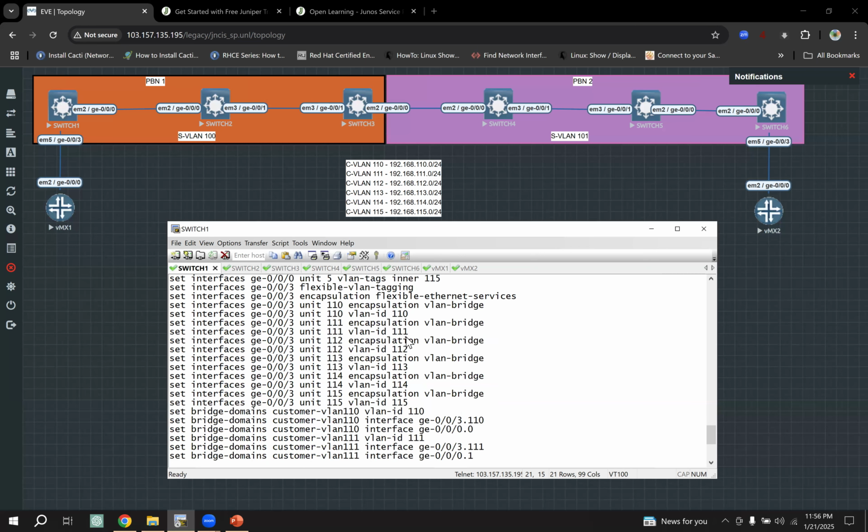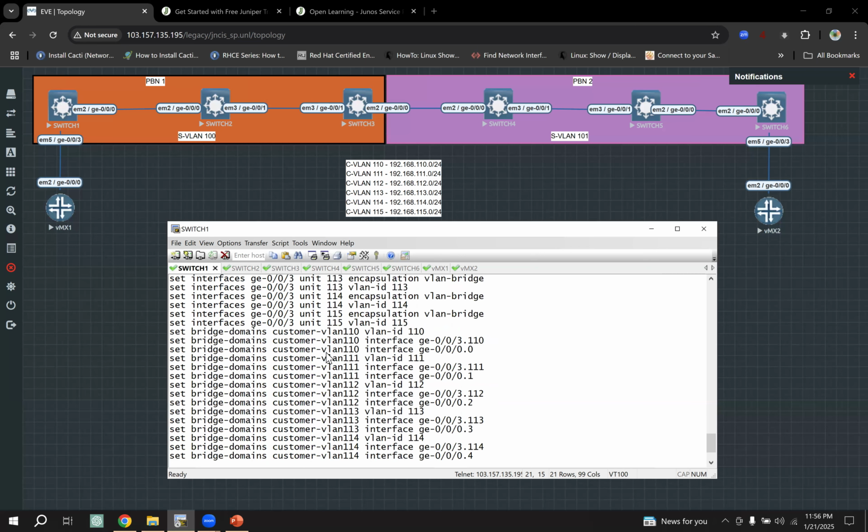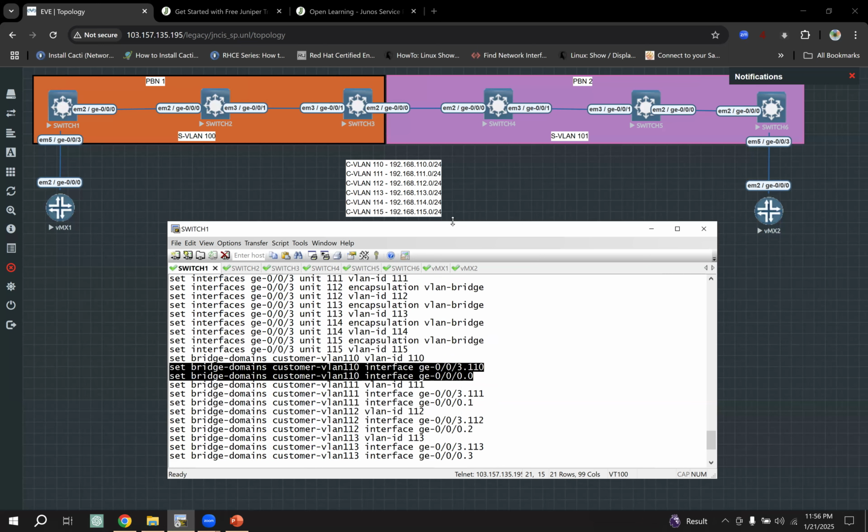And finally, when we add the bridge domain, here in the bridge domain, we are just attaching the physical subinterface in a single bridge so that they can communicate with each other as layer 2.